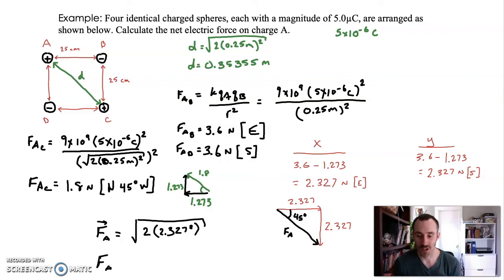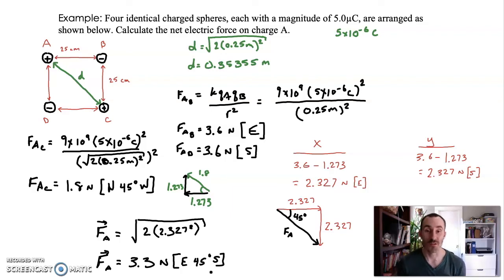So the total force on A, finally, is 3.3 newtons east, 45 degrees south, or south 45 degrees east.